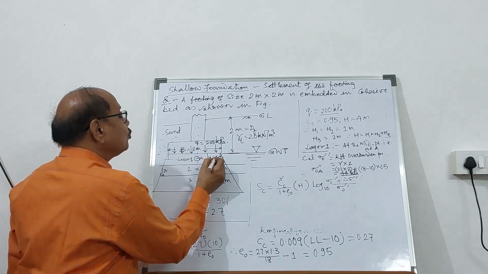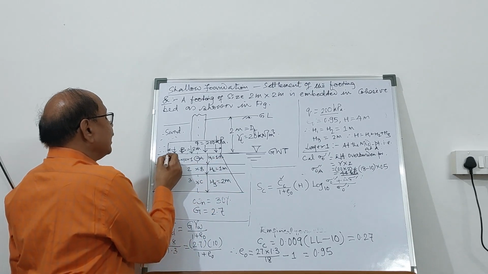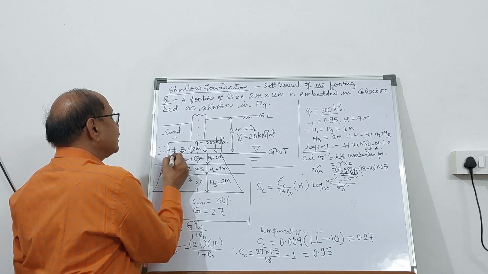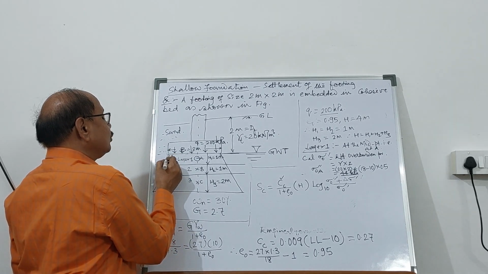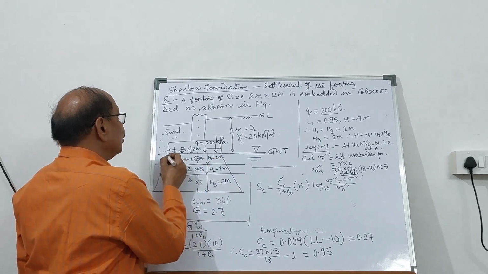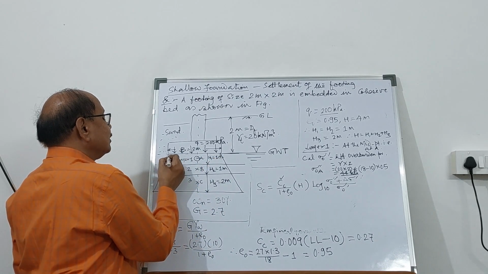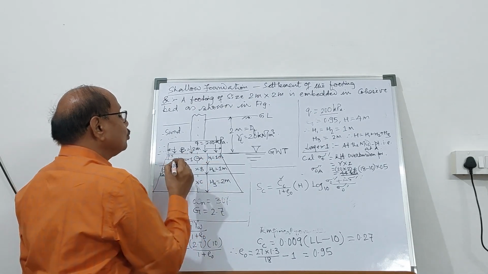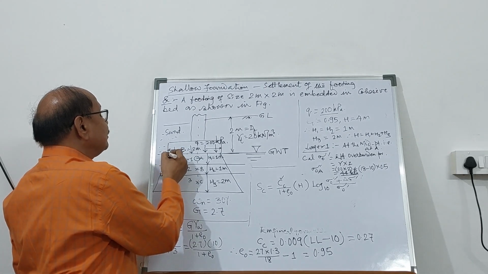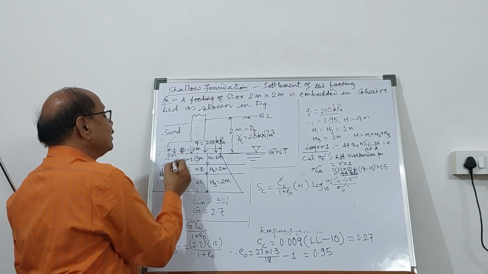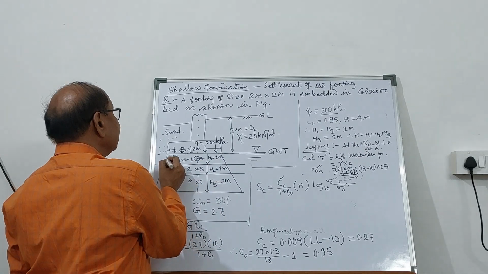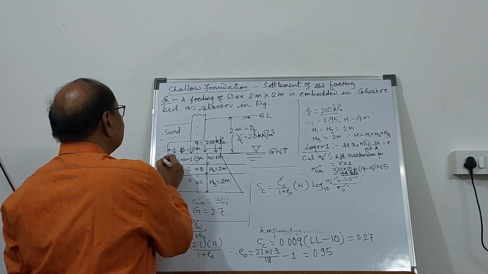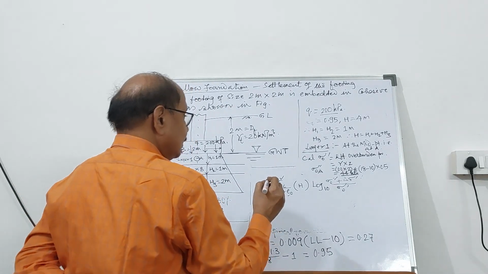From this point to this point, it is 2 meter, and this height is going to be 0.5 meter. So 0.5 by 2 on this side and 0.5 by 2 on this side, because 2 vertical, 1 horizontal. So at 0.5 meter from the base of the footing, this dimension B is going to increase by 0.5 meter.